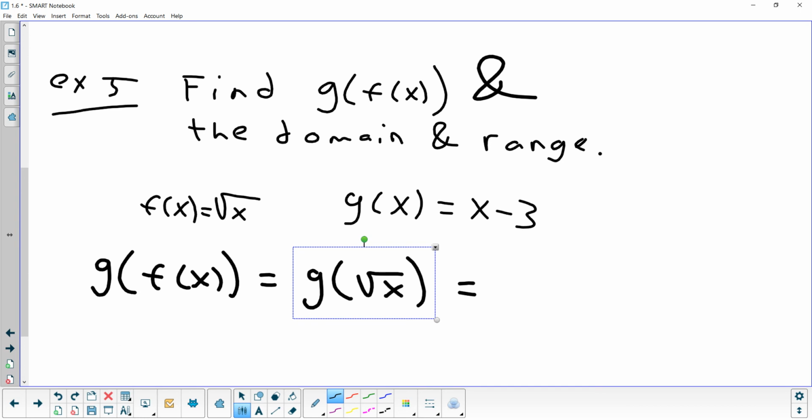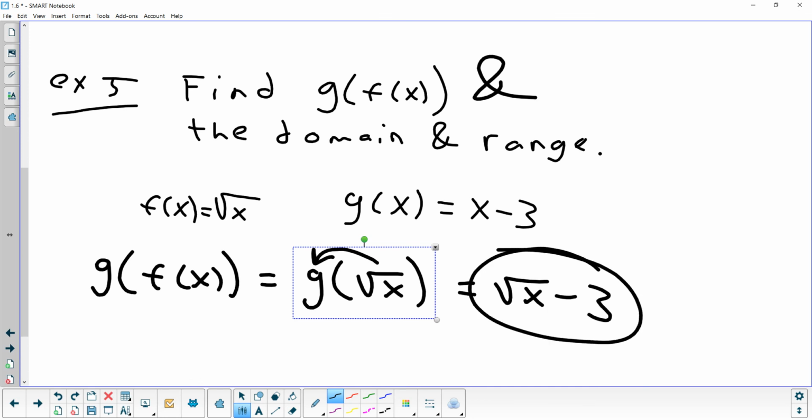The x in x minus 3. Yes, we're going to plug this into formula g. So take that, fill it into formula g, which is the x minus 3. Okay, so there's our formula.